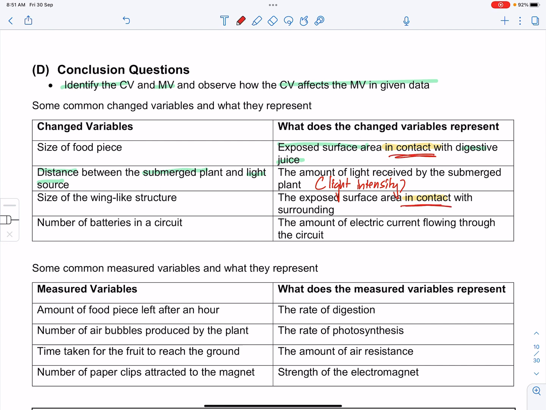Please do not leave your answer as, oh, increasing exposed surface will result in da da da. It does not make sense. Exposed surface area to what? To digestive juice, to surrounding air, to increasing temperature, I don't know what it is. The main thing is you need to be specific.